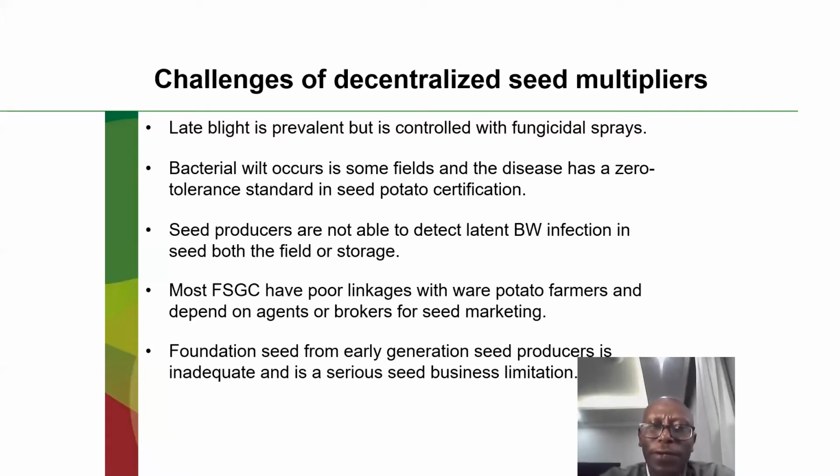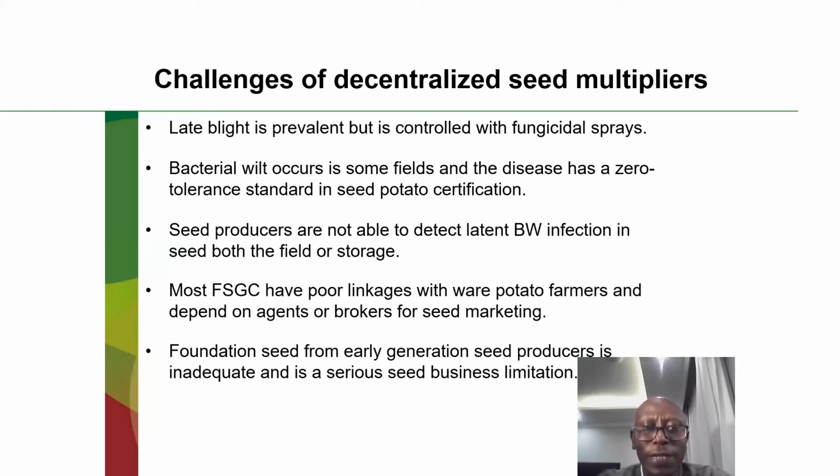And even if the crops are passed, farmers are not able to detect latent bacterial wilt infection both in field and in storage. And therefore, seed which looks clean may be passed and then distributed when actually it is infested with bacterial wilt or viruses, and therefore ends up disseminating infections.